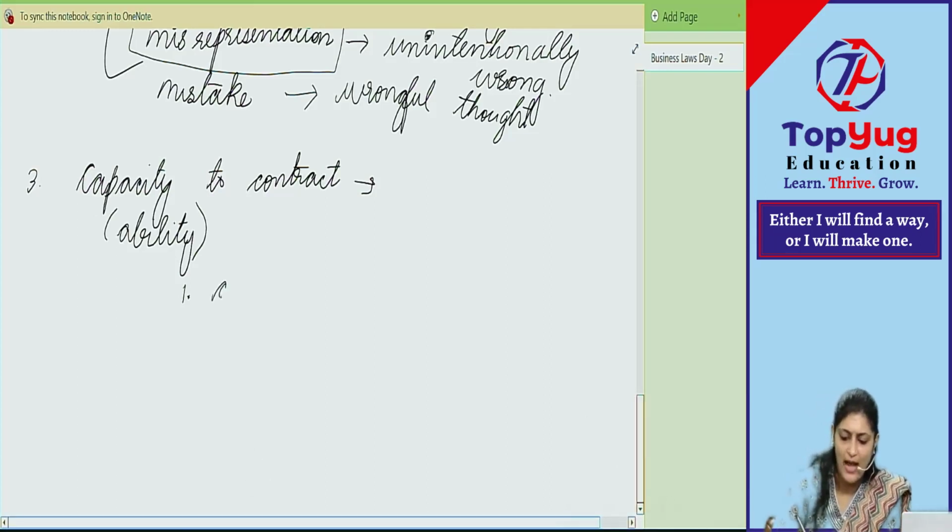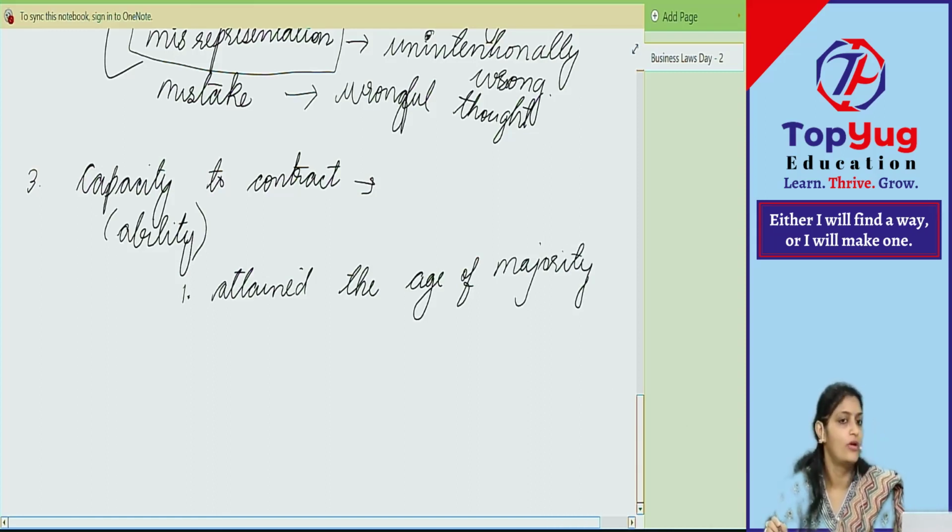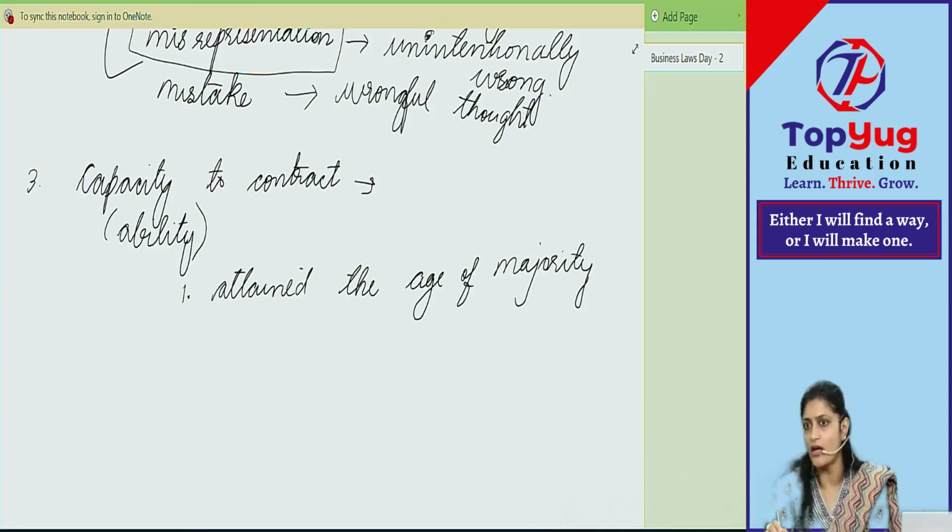the parties who have attained the age of majority. That means, can minors enter into contract? No. The law is telling you, minors means below 18 years of age. If you enter into contracts, it is not going to be a legally enforceable contract.